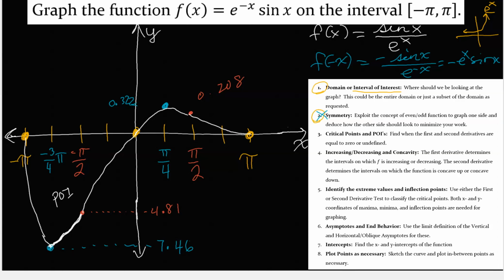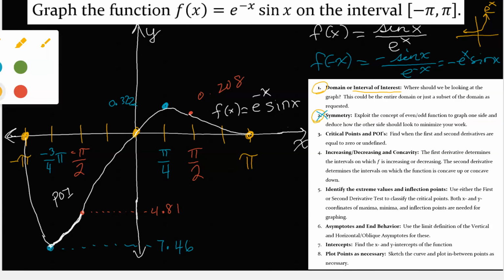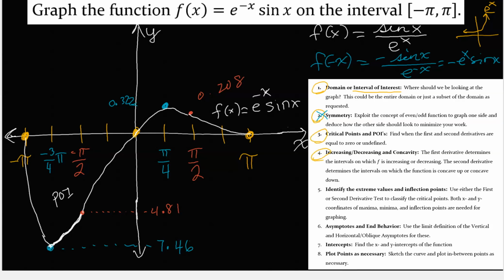So it would be like this. Okay, so that is the graph for the function f of x is e to the negative x sine x. Okay, and that is it. We go through these points, finding all of these things.